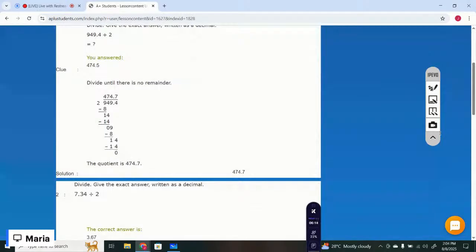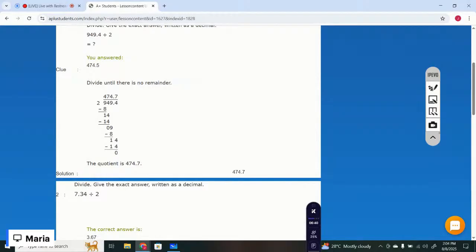Let's just divide. 2 times 4 is 8. 9 take away 8 is 1. Let's just bring 4 down. That makes 14. 2 times 7 is 14. So 14 minus 14 is 0. Let's just bring the other digit down, that is 9.